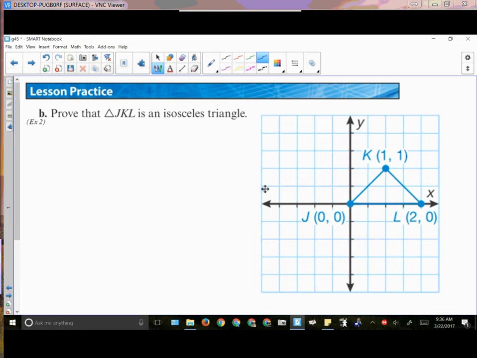Why don't you know? Well, we just talked about a problem where we had to find that the length was the same. How do I find the length of it? Well, what other way is there besides making a right triangle out of it?